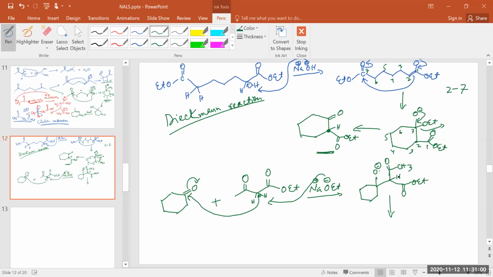Because it is a catalytic amount, the base will be regenerated, and it will take this proton again, and this will be protonated. So what will happen?